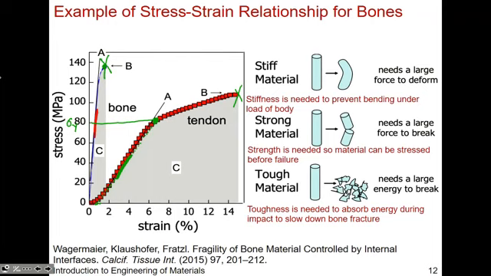And so you could see the area under the curve for tendon is much larger than that of the area under the curve for bone or a ceramic, right? So I would say tendon is tougher than that of bone, okay?